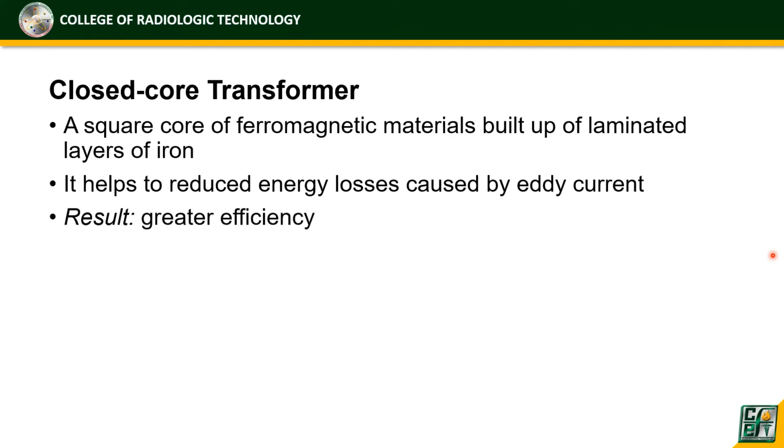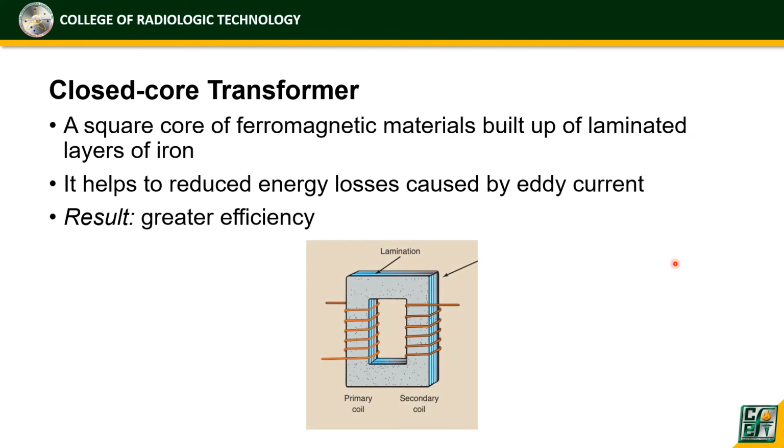So having the transformer made of laminated layers of iron, the result is greater efficiency of the transformer. So kung makikita nyo dito, the transformer ay hindi siya solid. Siya ay made of iron sheets or layers of iron.